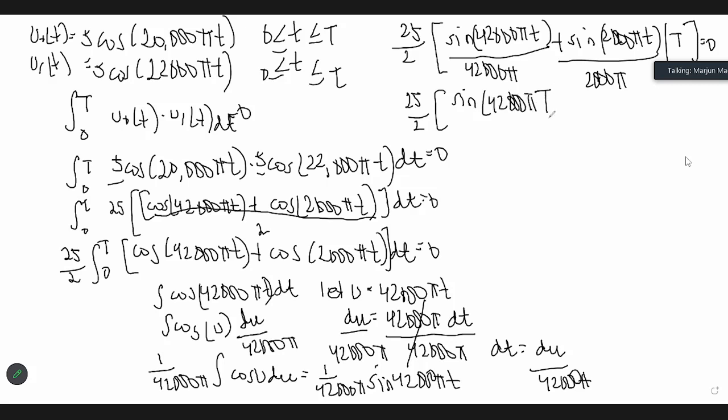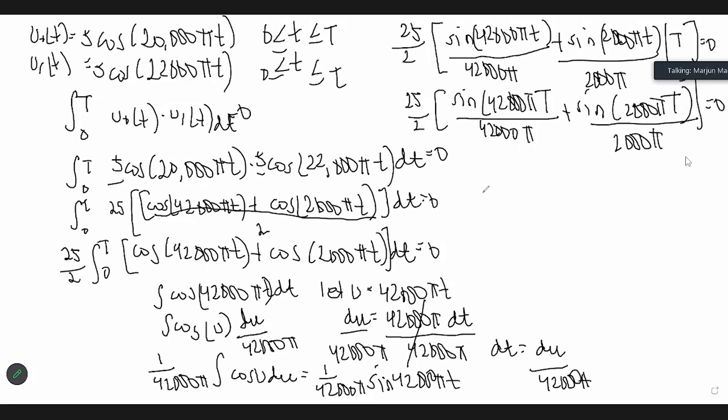42,000 pi t over 42,000 pi plus sine 2,000 pi t over 2,000 pi. So basically, kapag isa-substitute natin dito ay 0, lahat yun ay 0 na. So yan na lang. Is equal to 0. And then, shift solve.